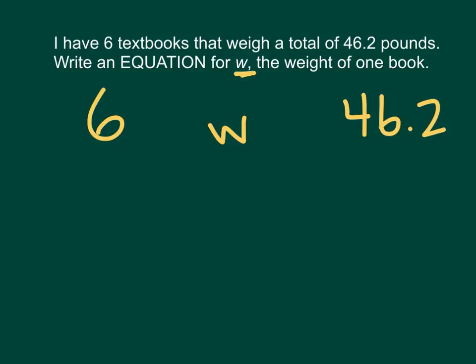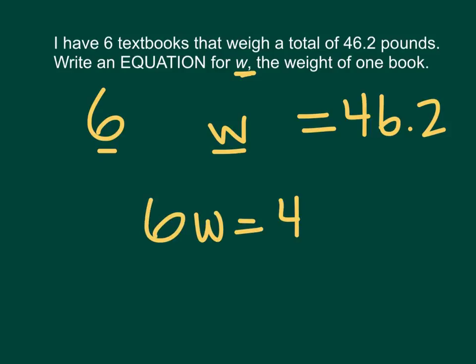Pretty much the equation writes itself. If I know the weight of 6 textbooks equals 46 and 2/10 pounds, then I can combine my 6, which becomes my coefficient, with my variable, and my equation becomes 6W equals 46.2 or 46 and 2/10 pounds.